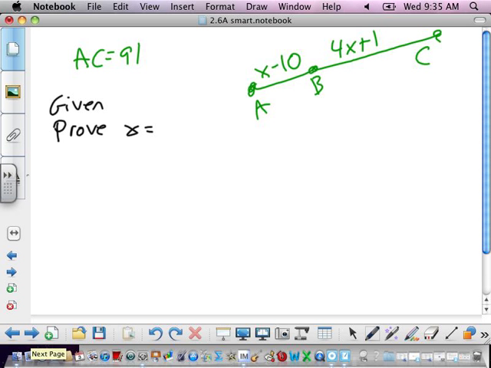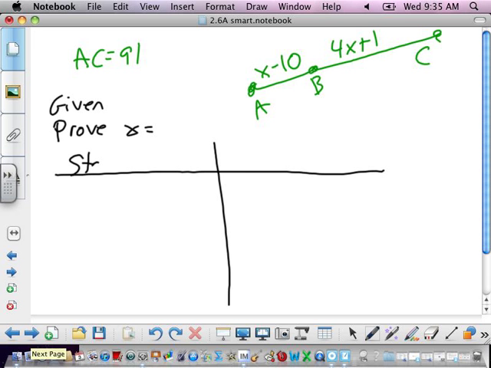So the first thing I'm going to do is make my statements and reasons. The first thing I'm always going to write down is the what? Given. I know the reasons over here are going to look like given. What I might have trouble with is the statements, because I'm not given a statement, I'm just given those pictures.